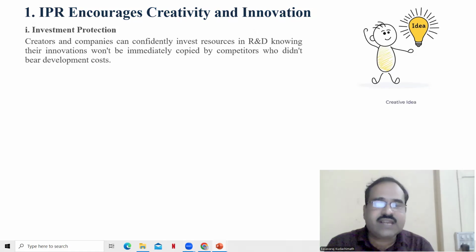So creators and companies can confidently invest resources in research and development, knowing their innovations won't be immediately copied by competitors who don't bear development costs. It means that with the confidence that whenever I introduce any new product in the market, nobody can immediately copy it.